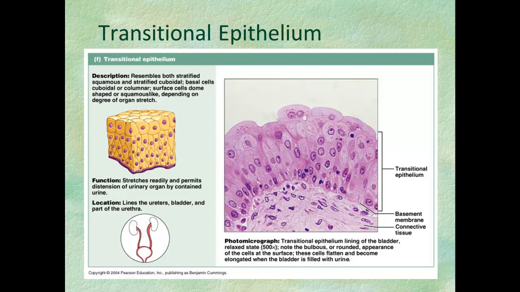The transitional epithelium lining the inside of the bladder and the ureters provides, as we mentioned, an expandable lining that helps to prevent infection, providing a barrier between the inside of those urinary passages, and it also helps to prevent substances from urine from diffusing back into the body once the urine has been created.